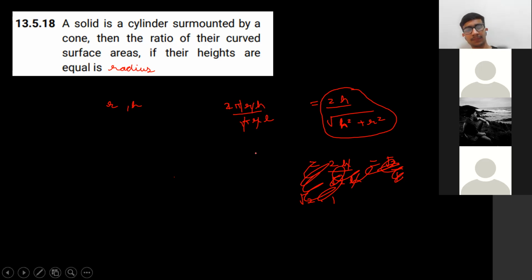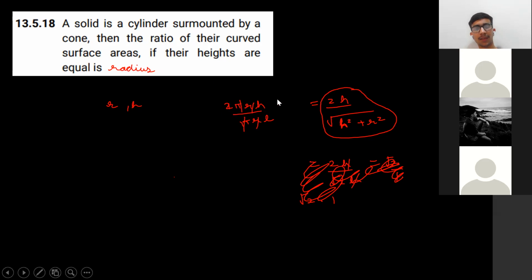So where did the 2h come from? Because when I write it, I am not getting 2h. What is the CSA of a cylinder? Pi rh. Pi rh. 2 pi rh.